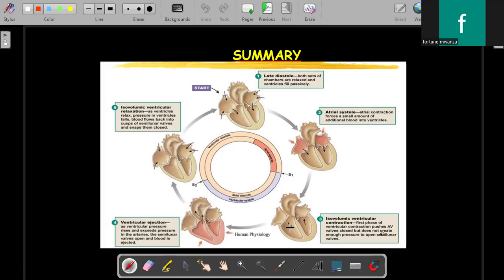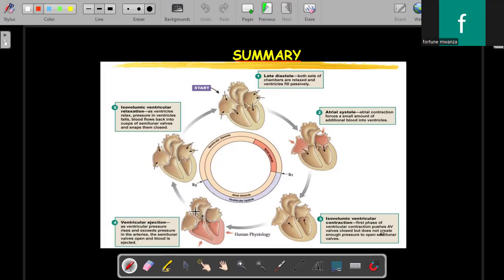Then because of this increased pressure in the ventricles, you went into the fourth phase, which is ventricular ejection, where the semilunar valves were open, then blood entered the aorta. Then there was also an increase in pressure in the aorta, so there you had your semilunar valves being closed.